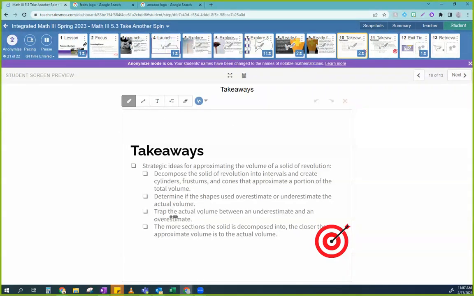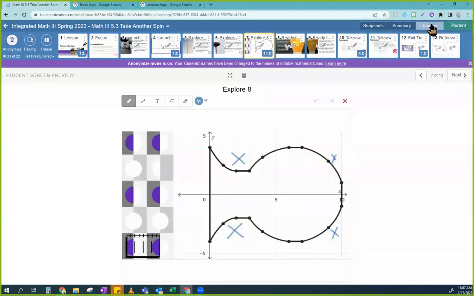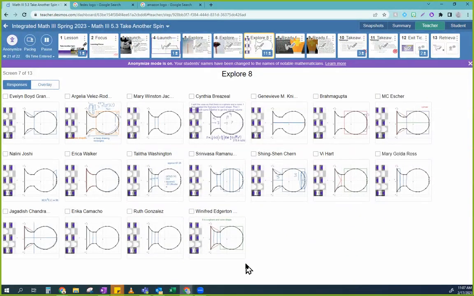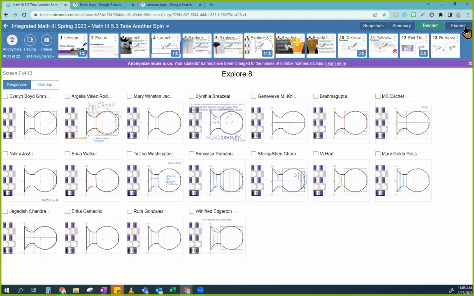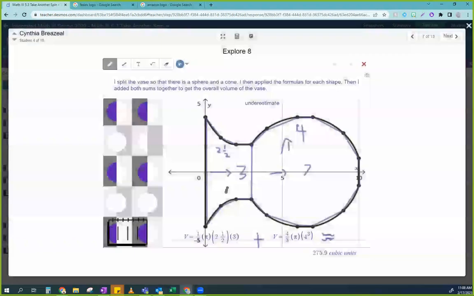When they say trap the actual estimate between the under and the over, what they're saying is this: if we all got together and did this, I would take this person's, which is an overestimate, really good drawings here, whoever did this, and I would go to this person's, which is an underestimate, and take those two numbers and say, the volume of this vase has to be between blah and blah, right?